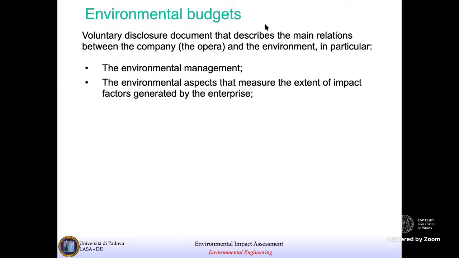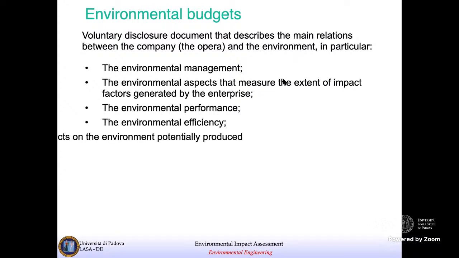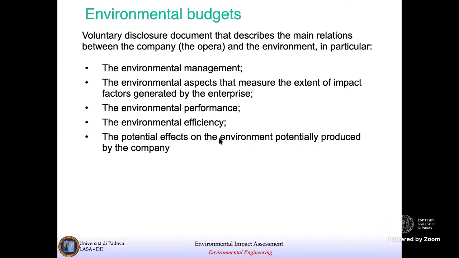For example, environmental management or environmental aspects that measure the extent of the impact generated by the enterprise, environmental performance, environmental efficiencies. These are all, if you want, environmental components that may be employed to build environmental budgets.